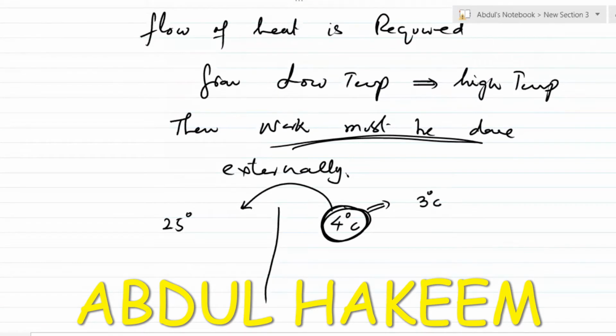So naturally, without doing any work, heat flows from high temperature to the low temperature, but the flow of the heat when required from low temperature to the high temperature, then the work must be done externally, and this work must be paid off.